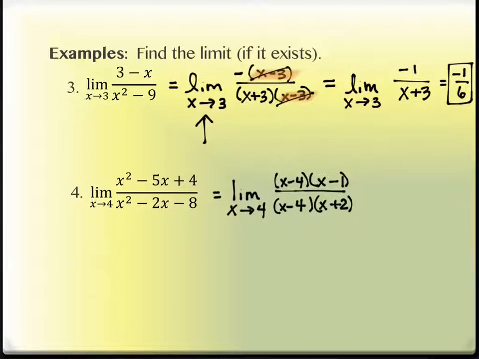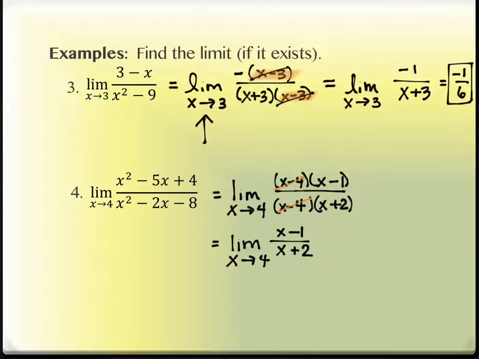So, what do you notice? Yep, there's an x minus 4 on top and bottom, right? We're still writing limit, right? Limit's still there. One more time. Limit as x approaches 4 of x minus 1 over x plus 2. Am I good to actually take the 4 and evaluate now?